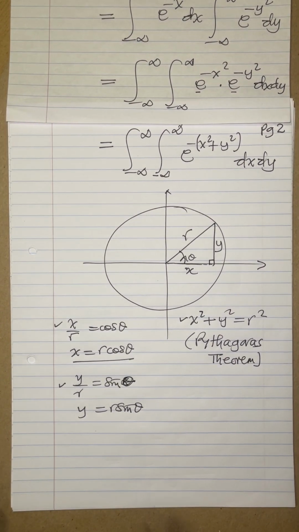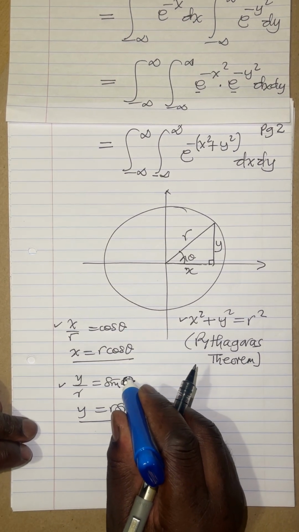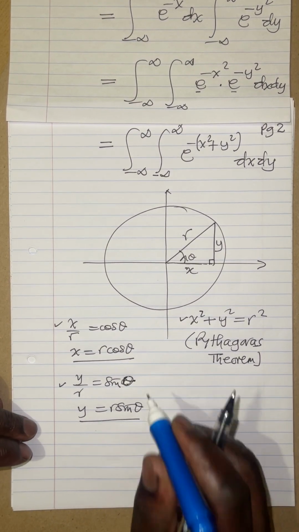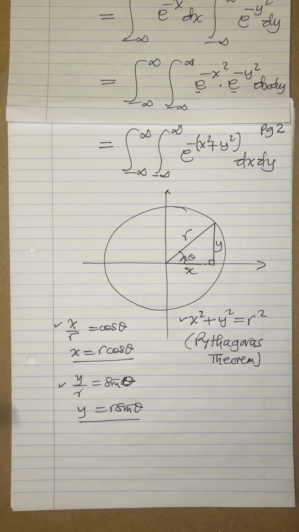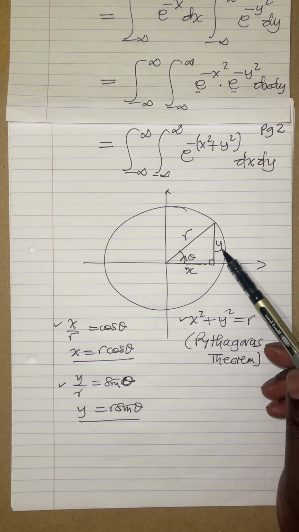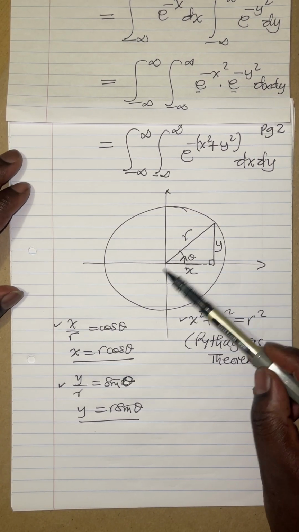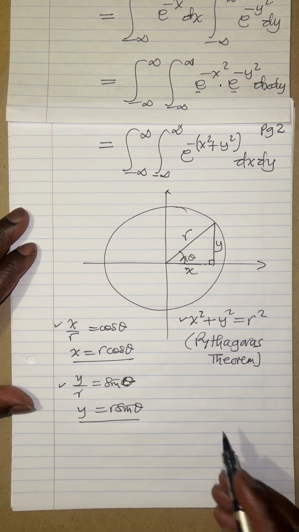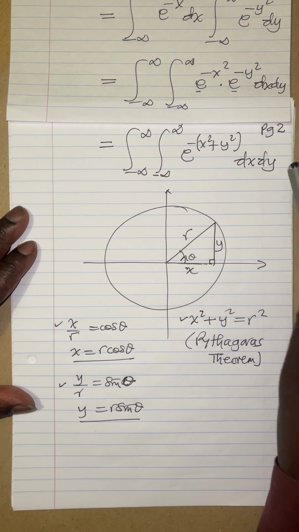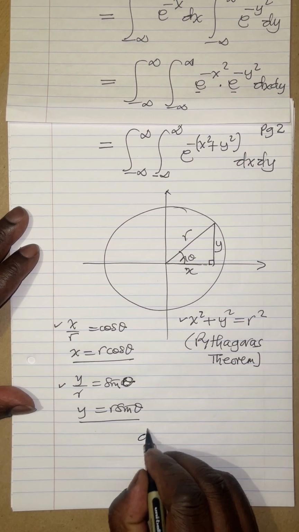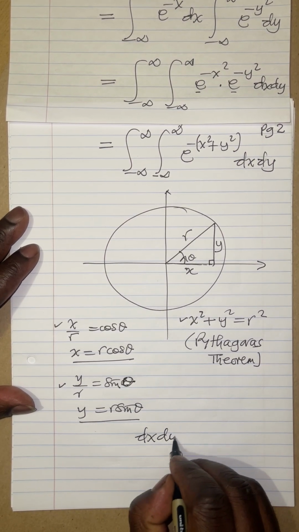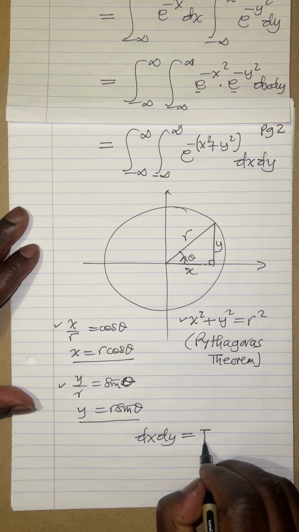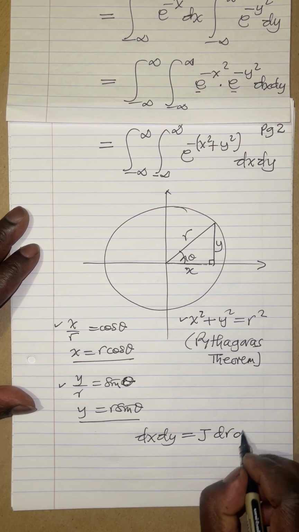Now, these two equations are what we're going to use to obtain the transition from the rectangular coordinate system, where we're using x and y, to the polar coordinate system, where we're interested in the angle and radius. Now, the Jacobian basically says the connection between dx dy is equal to the Jacobian times dr d theta.